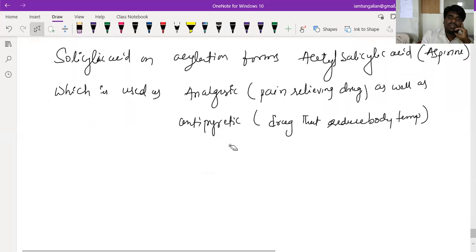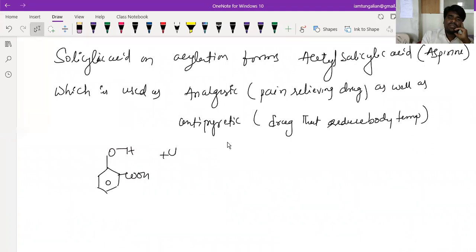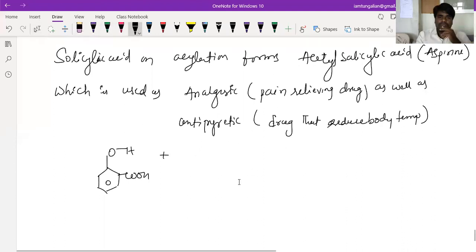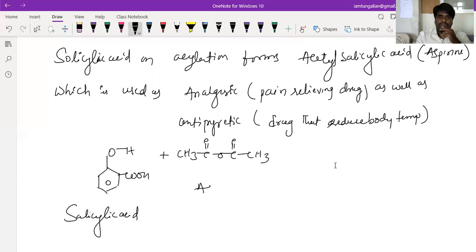The equation is, if I take salicylic acid and treat it with acetic anhydride, what is this? Acetic anhydride, CH3 C double bond O, acetic anhydride. What happens here?